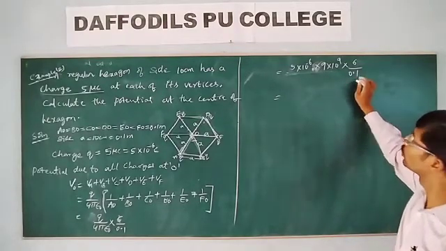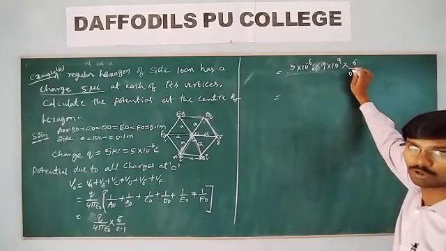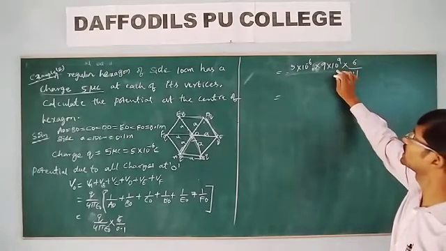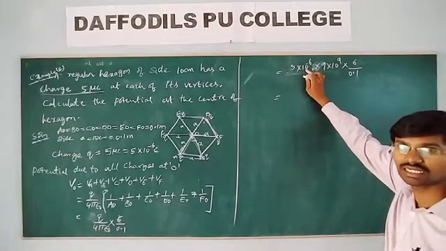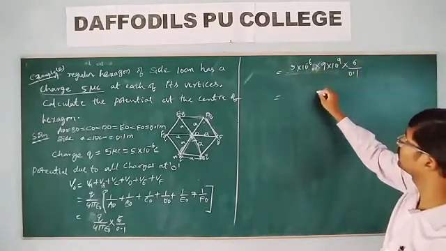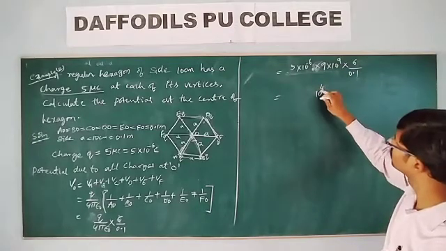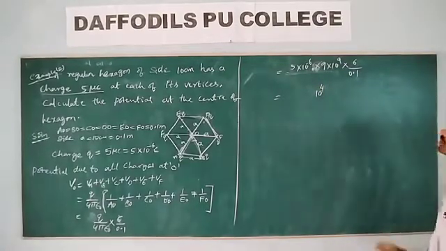If 10 power minus 1 goes to numerator, 10 power plus 1. So 10 power 9, 10 power minus 6, 10 power 3, 10 power 3 into 10 power 1, 10 power 4. Is it okay?